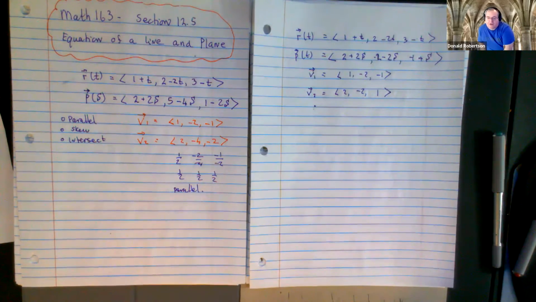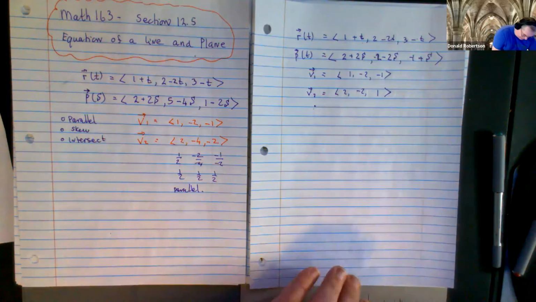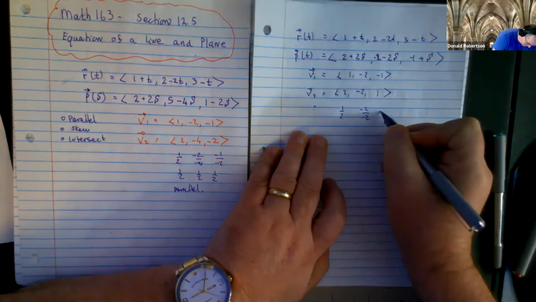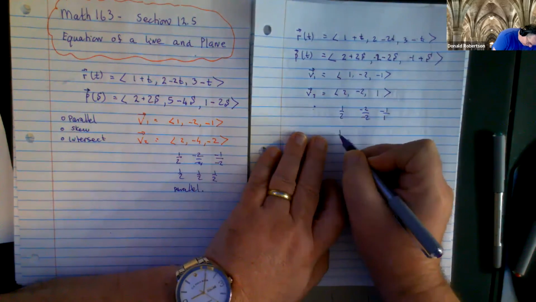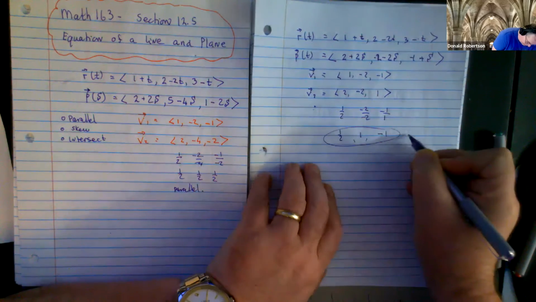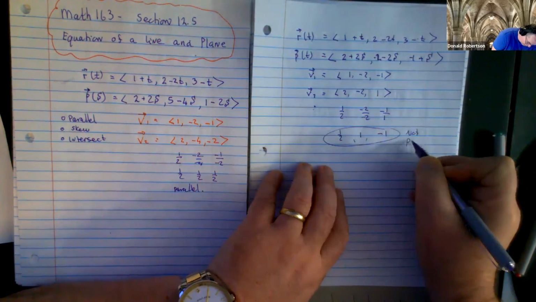Just by looking at the components, would you agree that they are not multiples of each other? But the test would be half of that one and that one, in which case I get (-1/2, 1, -1). Do you see that these are different? Conclusion: they are not parallel.